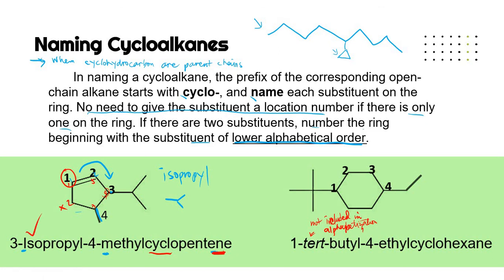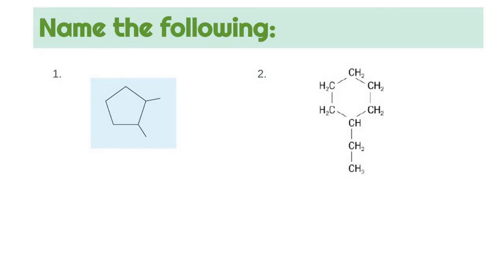The iso prefix can be included, but tert is not. So start with B versus E, B comes first. So you start numbering 1, 2, 3, 4. Your number 1 is the tertiary butyl, this one, and your ethyl is this one. Okay, and this is cyclohexane.